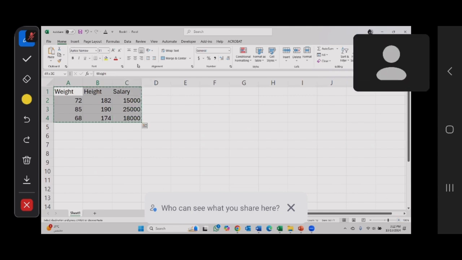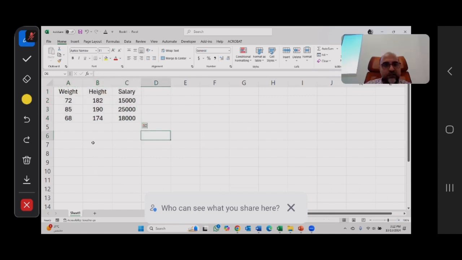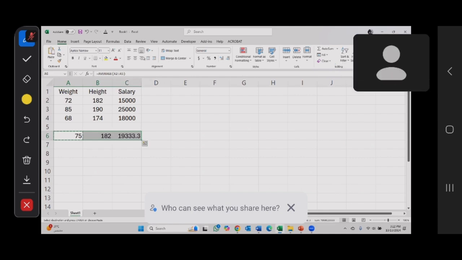So now what we will do is standardization. First thing we need is to take their average. You know how to take average, right? The sum of them divided by the number of units.